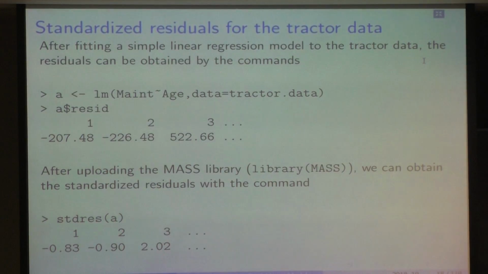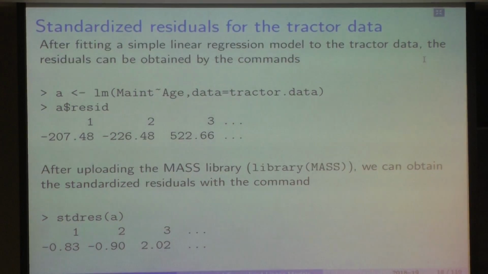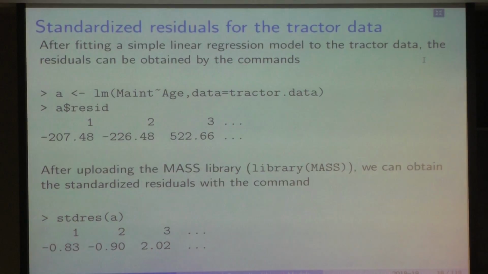The standardized residuals, we do using a function called stdres. That is not part of base R, so you need to load a library called MASS. This library called MASS, MASS here stands for Modern Applied Statistics with S, so you may be aware there's a book of that title.